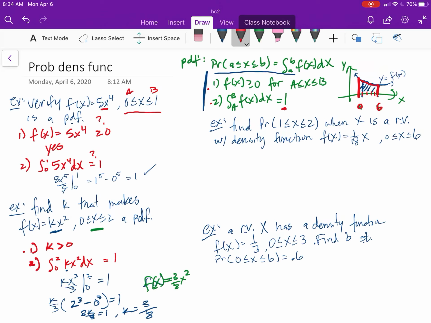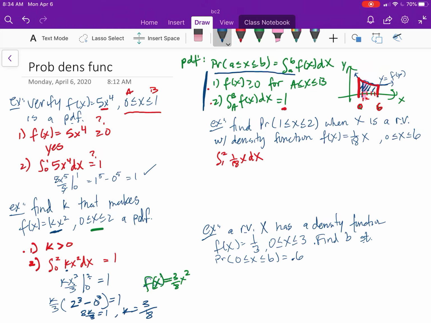And I want the probability from 1 to 2, well, that's equivalent to just taking that area from 1 to 2 there, which is equivalent to just taking the integral from 1 to 2. Okay, so 1 to 2, 1/18 x.